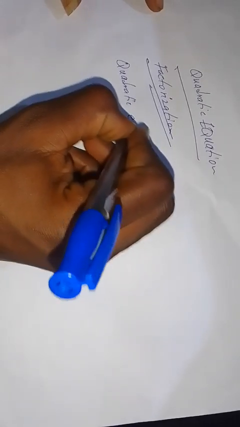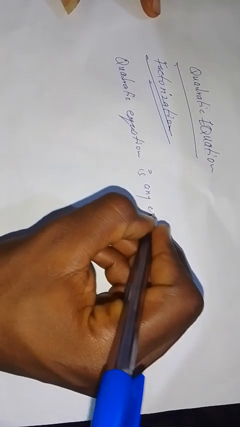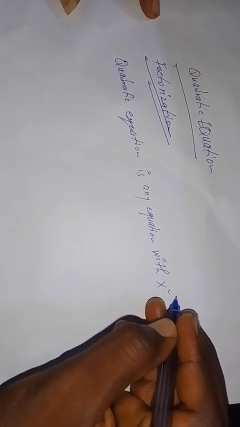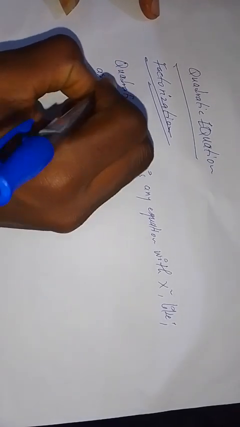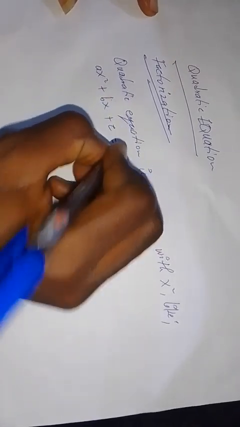So we can say a quadratic equation is any equation with x squared, like ax squared plus bx plus c equal to 0.